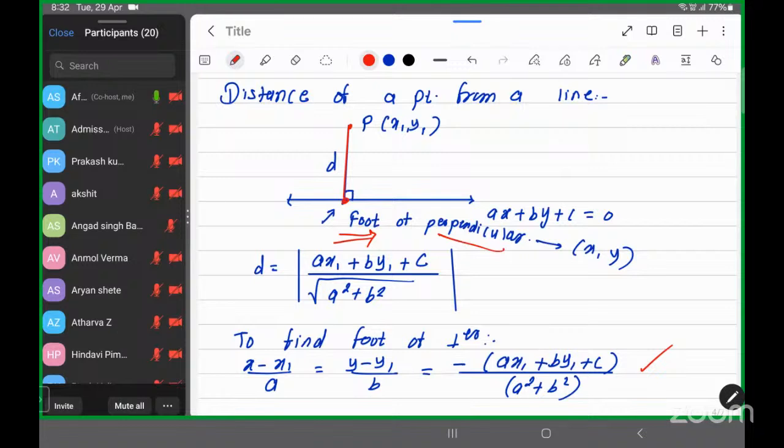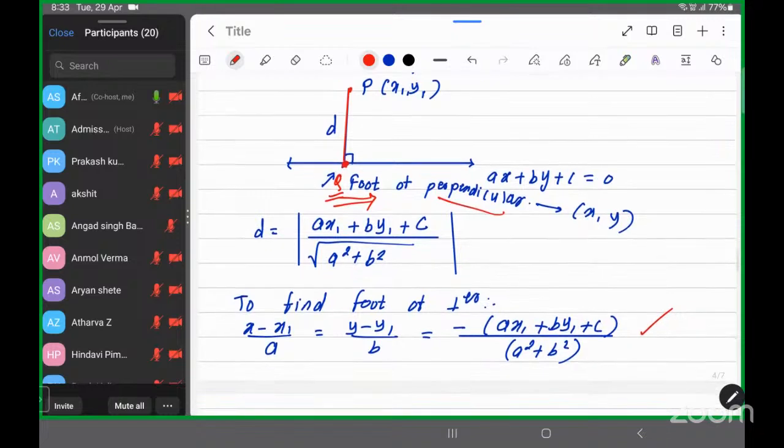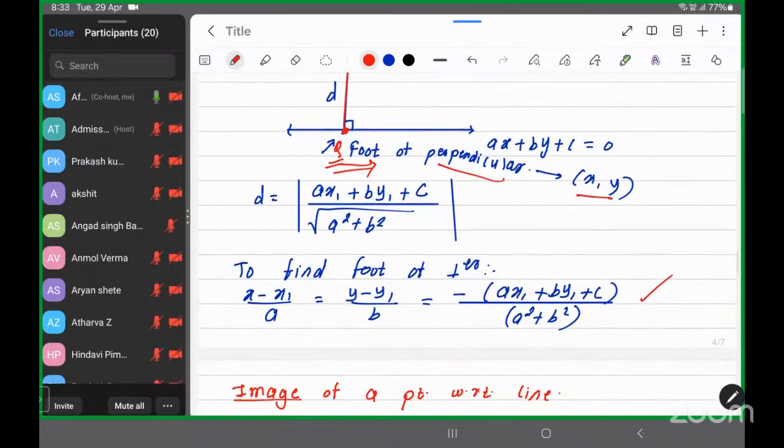A perpendicular from the point P we draw, and this perpendicular meets the line at point Q. Then this point Q is called the foot of perpendicular. To find this point, we use this formula: (x minus x1) upon a is equal to (y minus y1) upon b is equal to minus of (a x1 plus b y1 plus c) upon (a square plus b square).